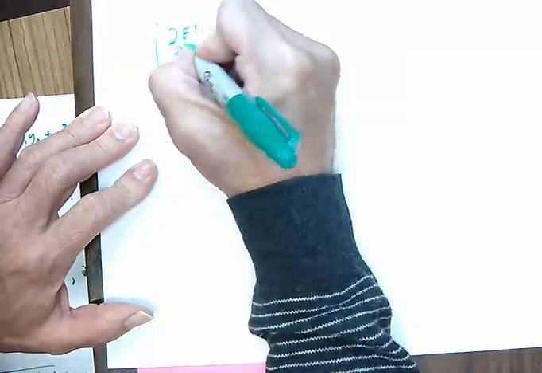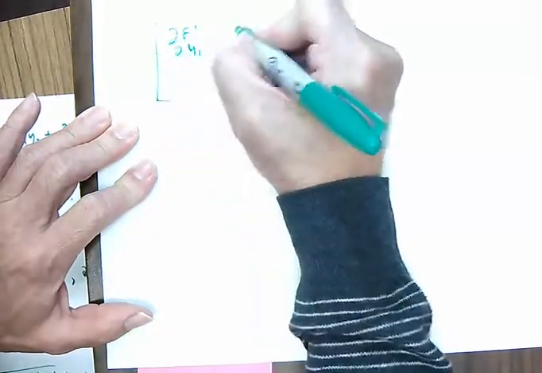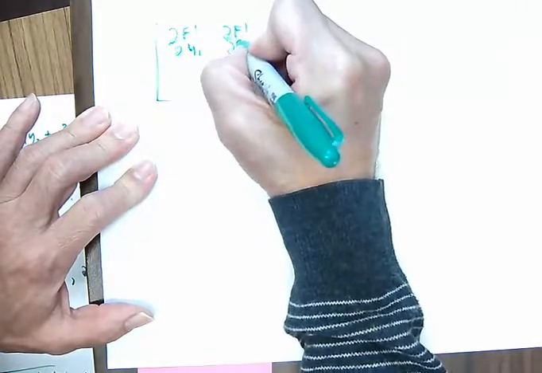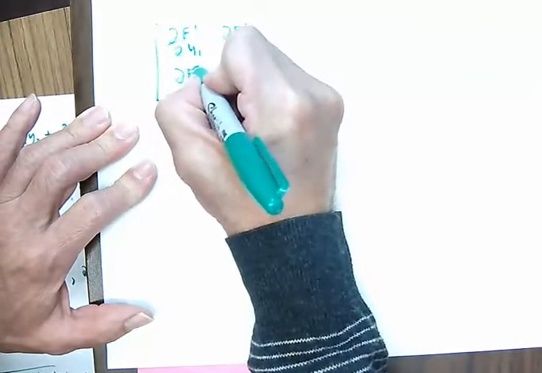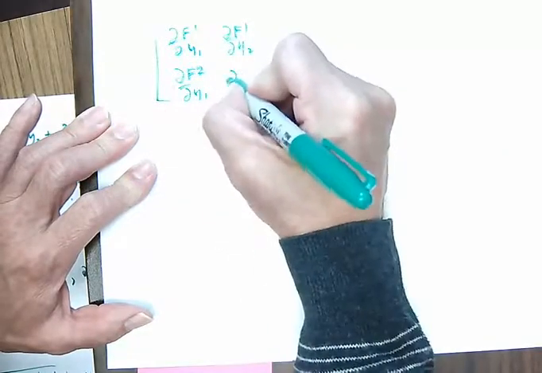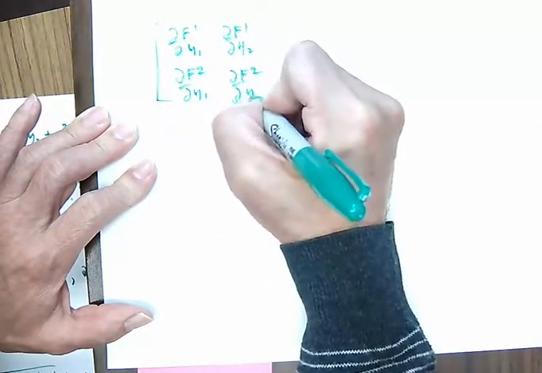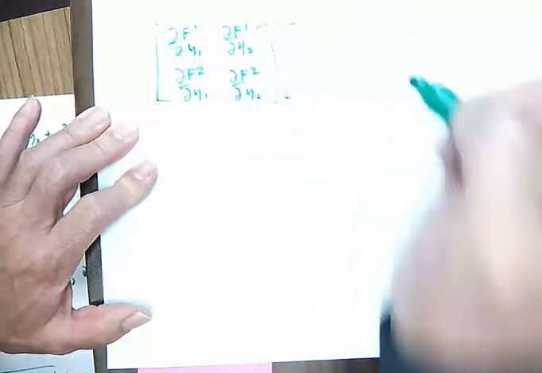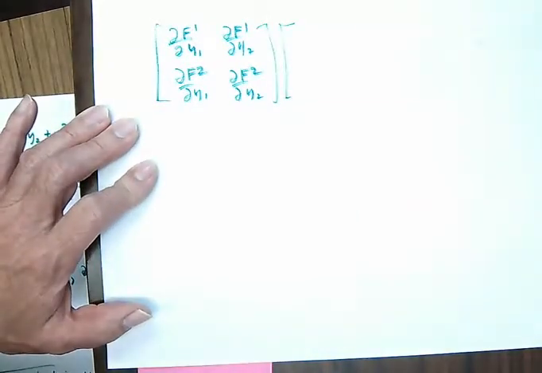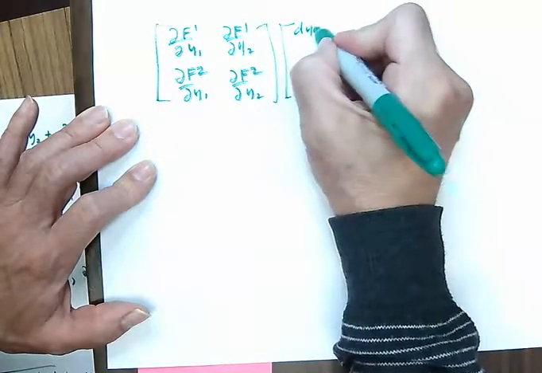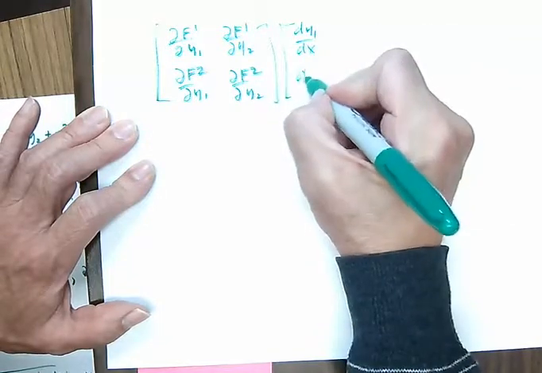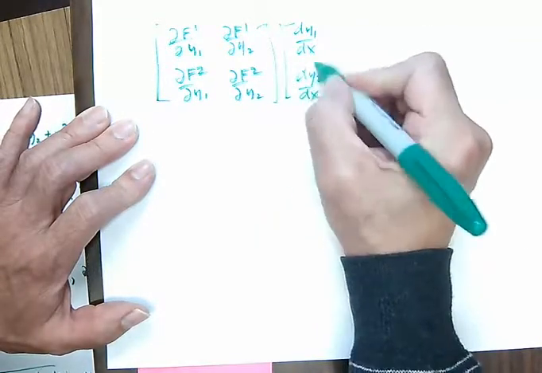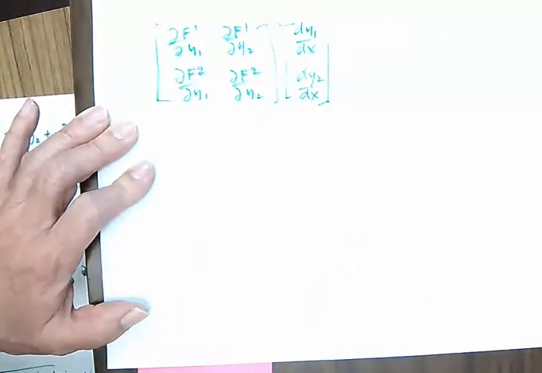Partial f1 partial y1, partial f1 partial y2, partial f2 partial y1, and partial f2 partial y2, times your x variable matrix, which is the derivative of y1 with respect to x and the derivative of y2 with respect to x, and those are the elements we're trying to solve for.